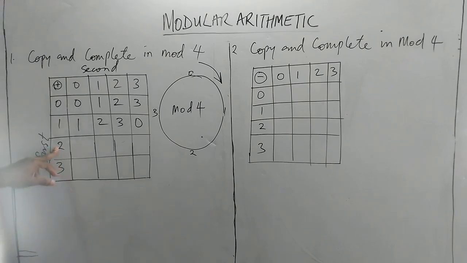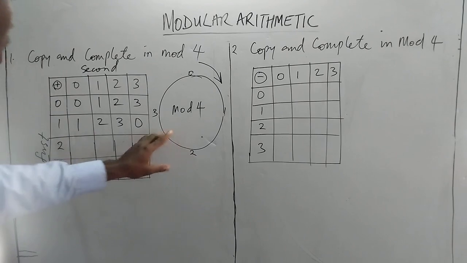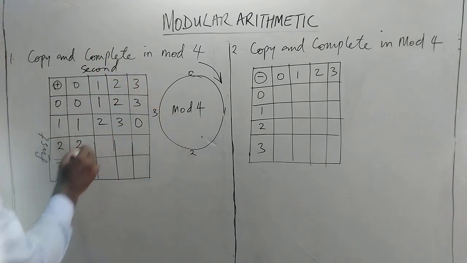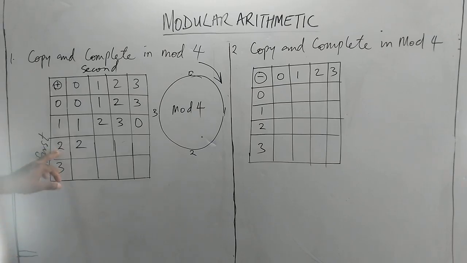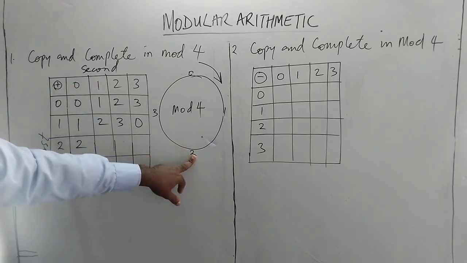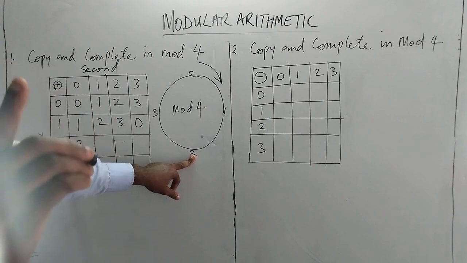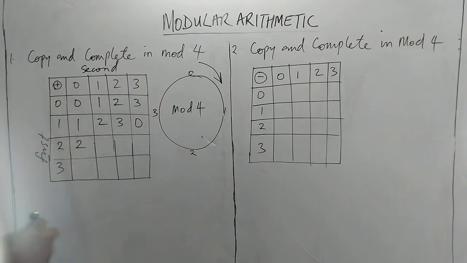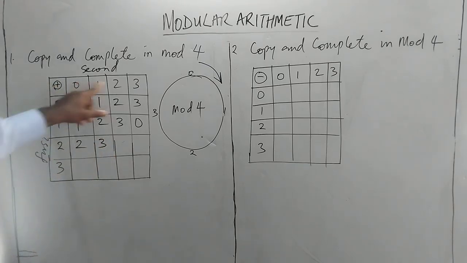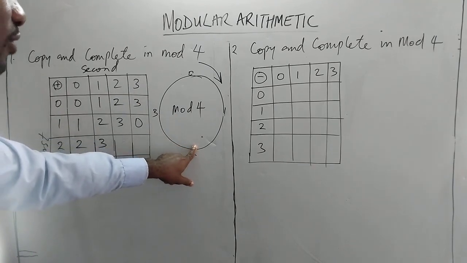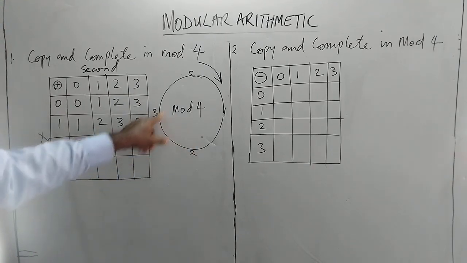The next one, 2 plus 0. So you are starting from 2 and you are not moving anywhere. So you still write 2. 2 plus 1 means you are starting from 2 and you are moving just once. And that will land you at 3. 2 plus 2 means you are starting from 2 and you are moving 2 places. 1, 2.